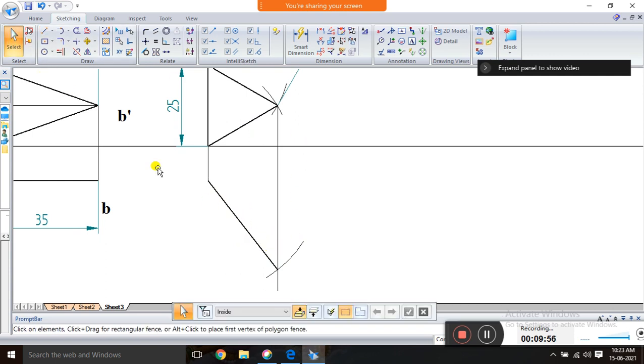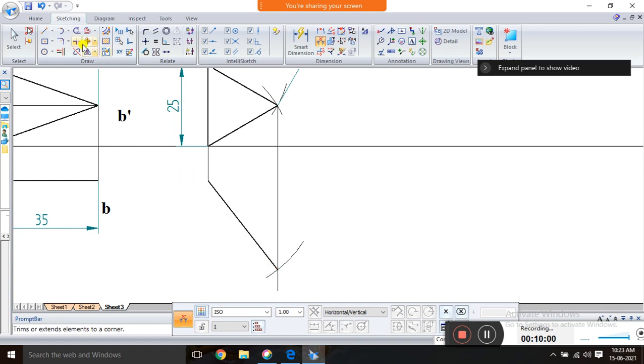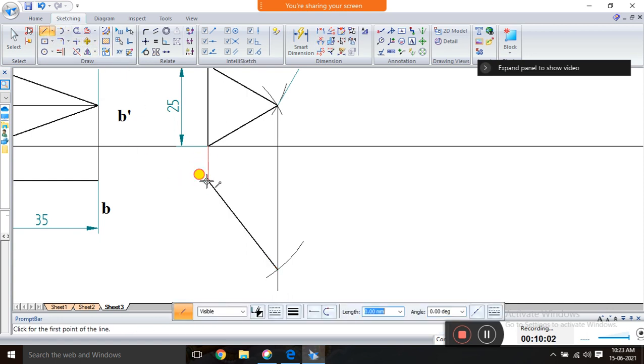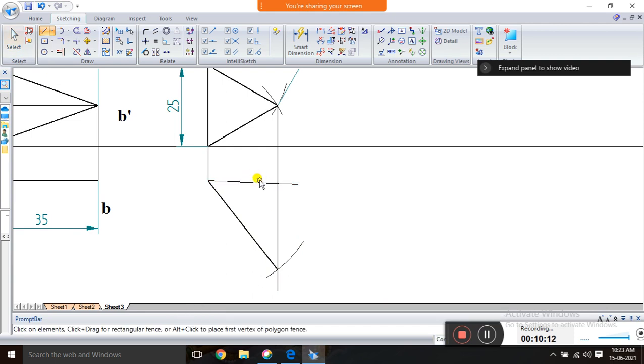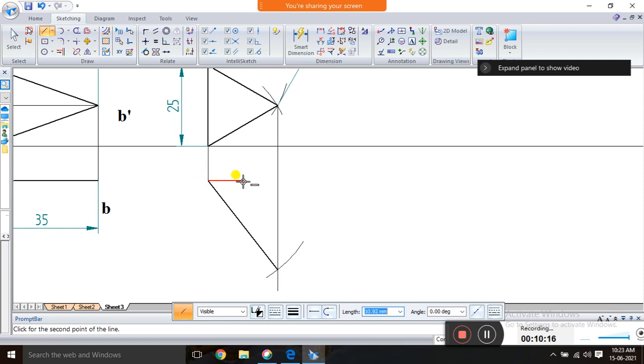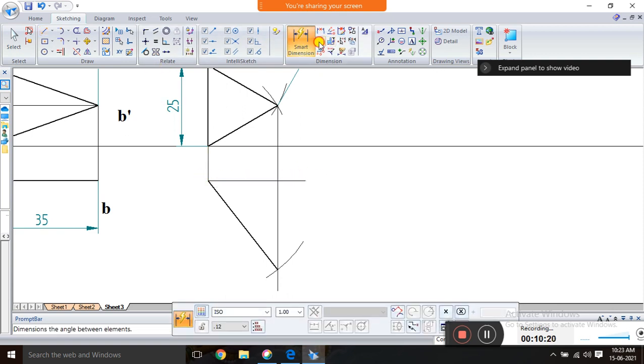Clear? So this angle you have to measure. Draw a line just for measuring purpose. Okay, then measure it with the help of your protractor. Measure it. It is 52.